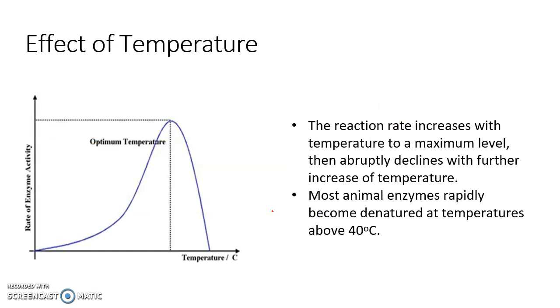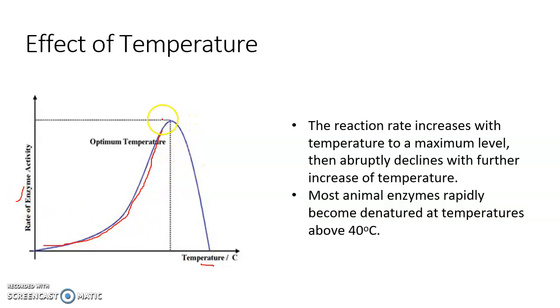So this is a graphical representation. The shape of the graph may be bell shaped. Here the reaction rate initially increases with the temperature, in the graph between temperature and the rate of enzyme activity. Clear?